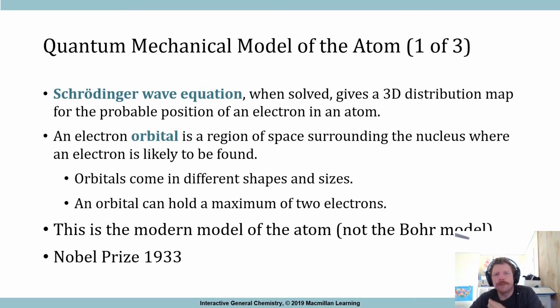So the quantum mechanical model of an atom utilized that, but was also taking into consideration the Schrödinger wave equation, which, when solved, gives a 3D distribution map for the probable position of an electron in an atom. An electron orbital is a region of space surrounding the nucleus where an electron is likely to be found.